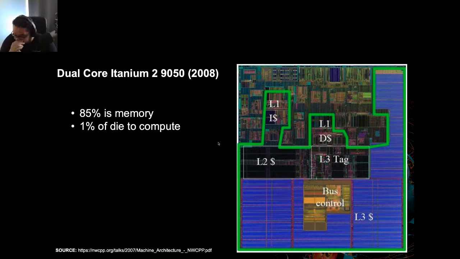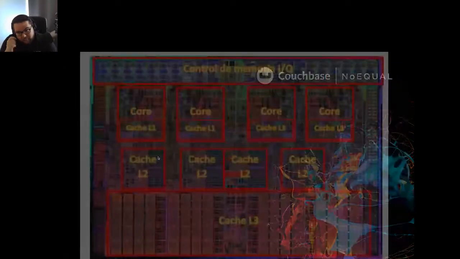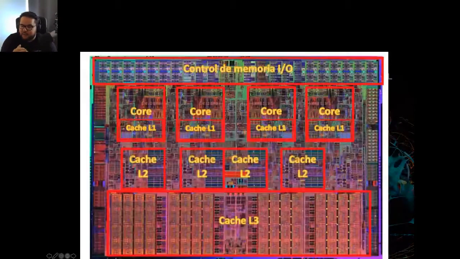So if you buy a processor for 100 euros or dollars, just €1 is actually compute. Everything else is just fast memory. Even when you go to more modern architectures, this is of course a little bit old as well, this is a quad core, but you see the same pattern. Pretty much the huge majority of the processor is dedicated to memory.